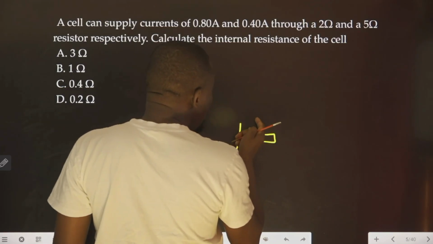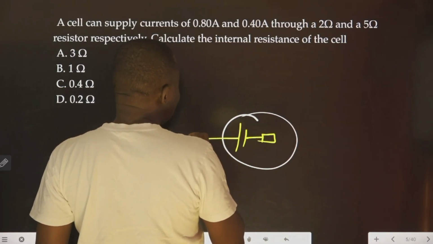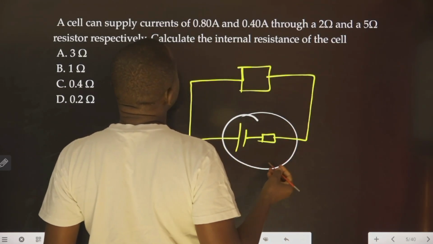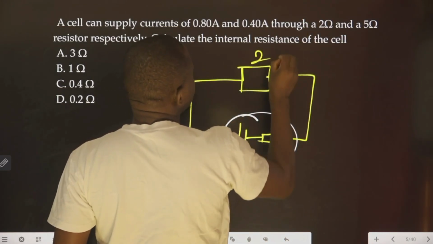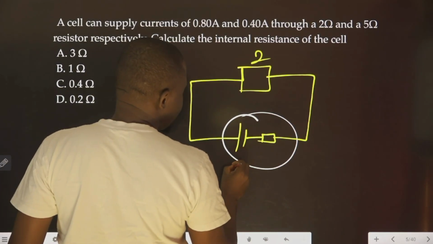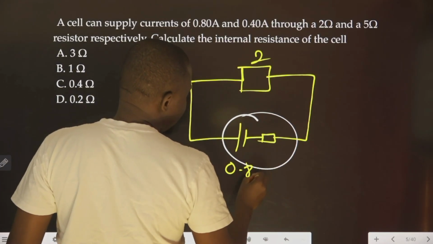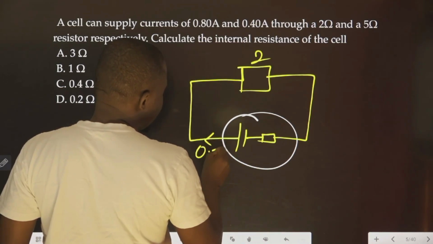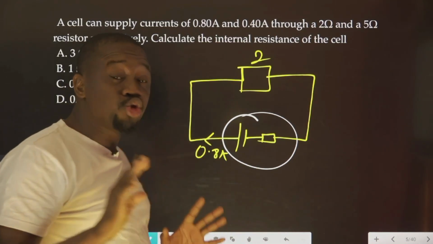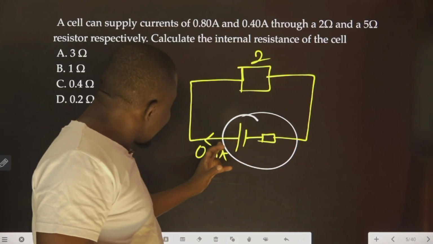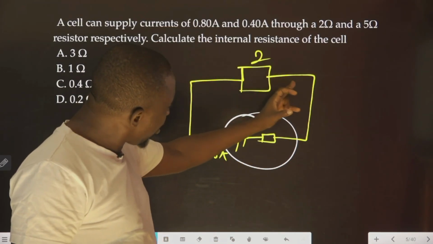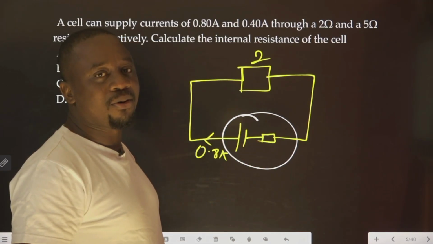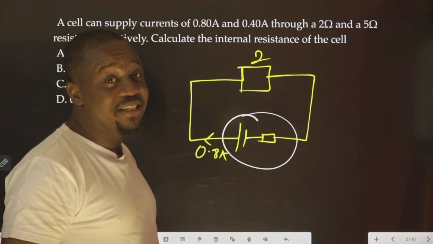So now, this one combined together is connected to external resistor. Say here 2. This is 0.8 amps. That is coming from here now is 0.8 amps. One thing you should note is this that is coming from here will flow through this, come back and flow through the internal resistance before coming back to the negative pole.